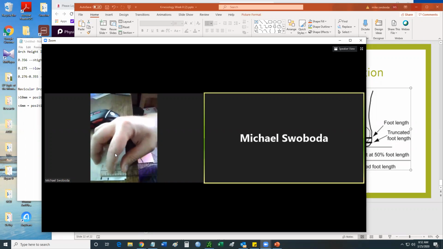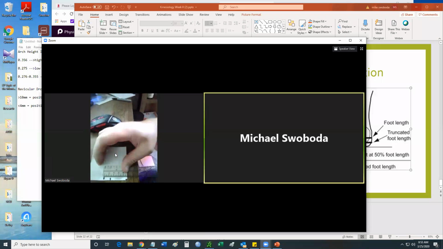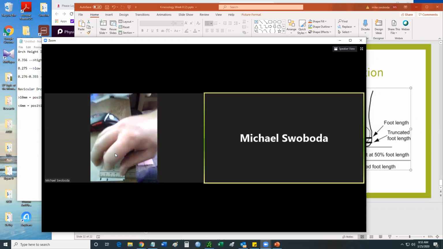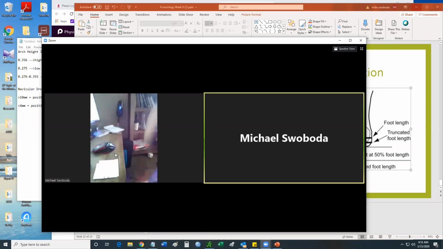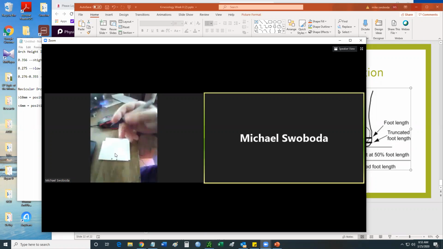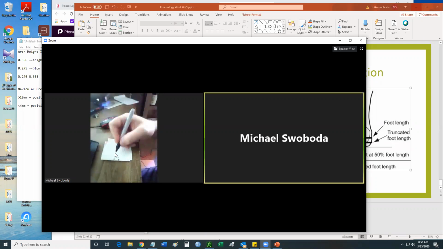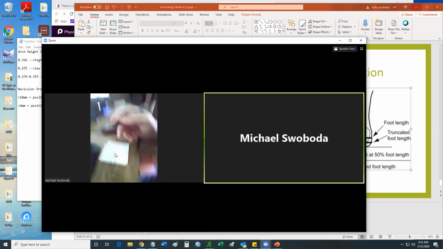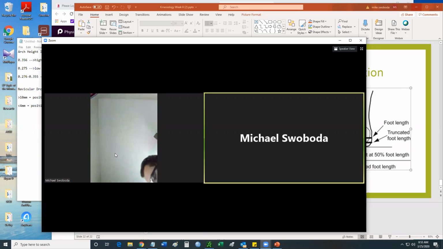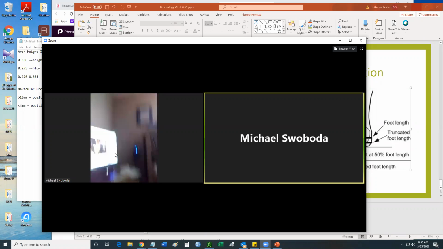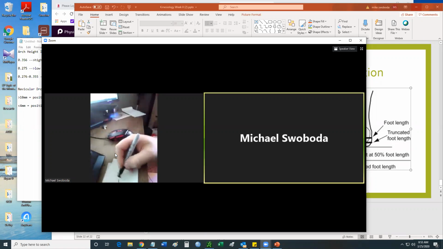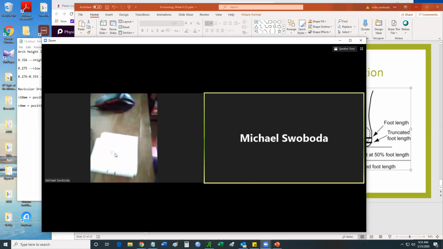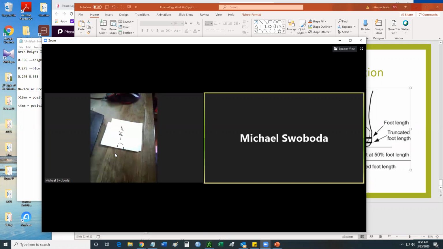I'm at roughly 14 to 15 millimeters, so about a centimeter and a half of a drop, which is big. That is going to be considered a positive test. It's about 14 millimeters. So that is how I quantify my navicular drop.